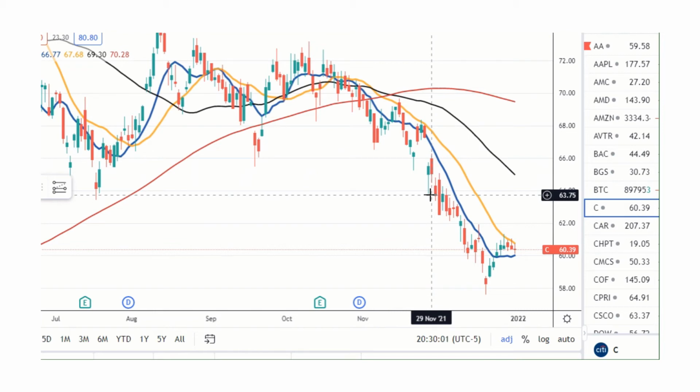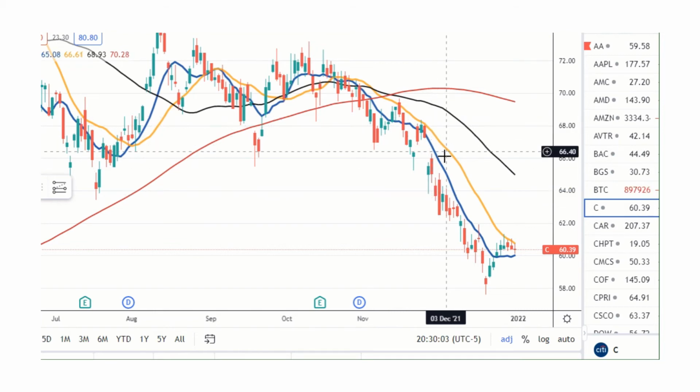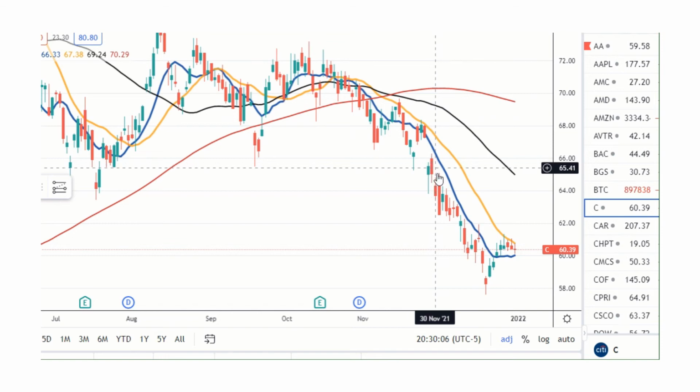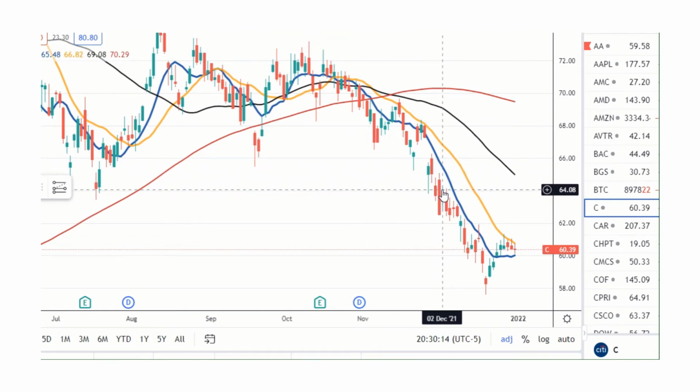Again, we've got the next day a red candle going down, and if you've got a red candle followed by another red candle, that's a good indication also that the trend is continuing. So let's say you enter at 64.08 and you exit the next day at 62.68. That's a profit right there.